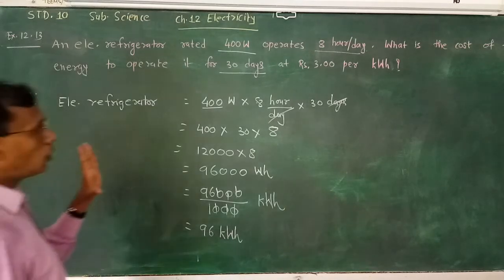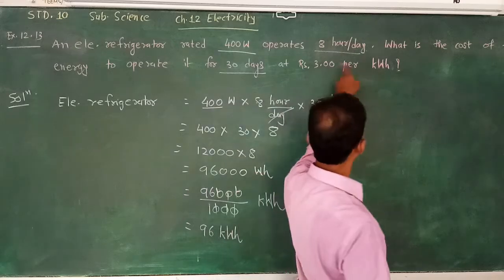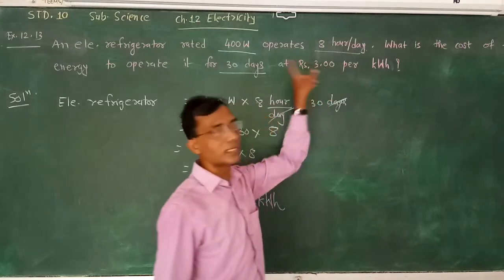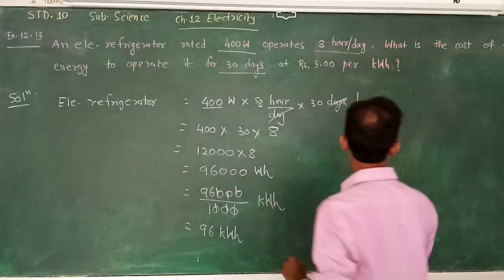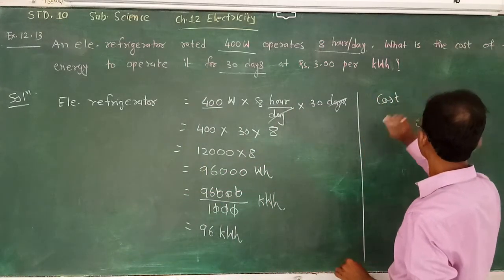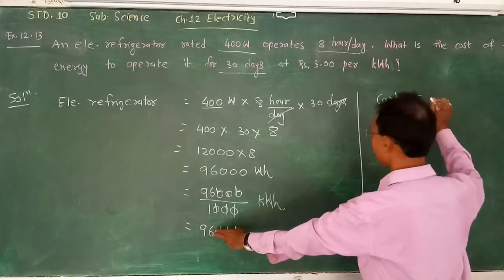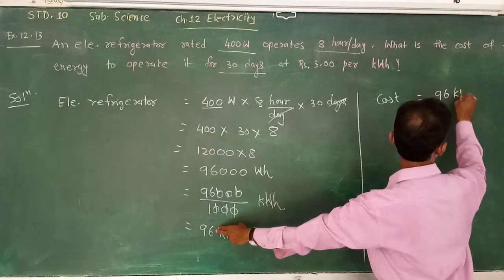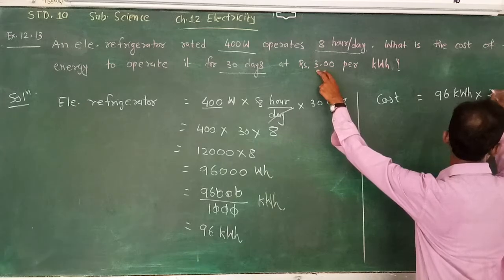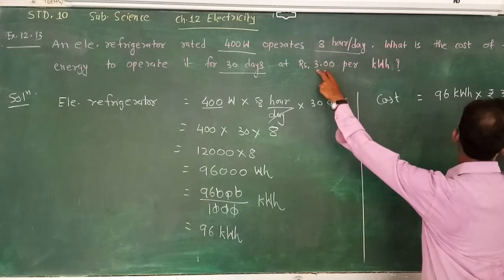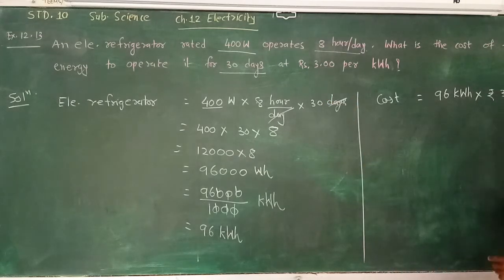For 1 kilowatt hour, the price is 3 rupees. So cost is equal to 96 kilowatt hour multiplied by 3 rupees.